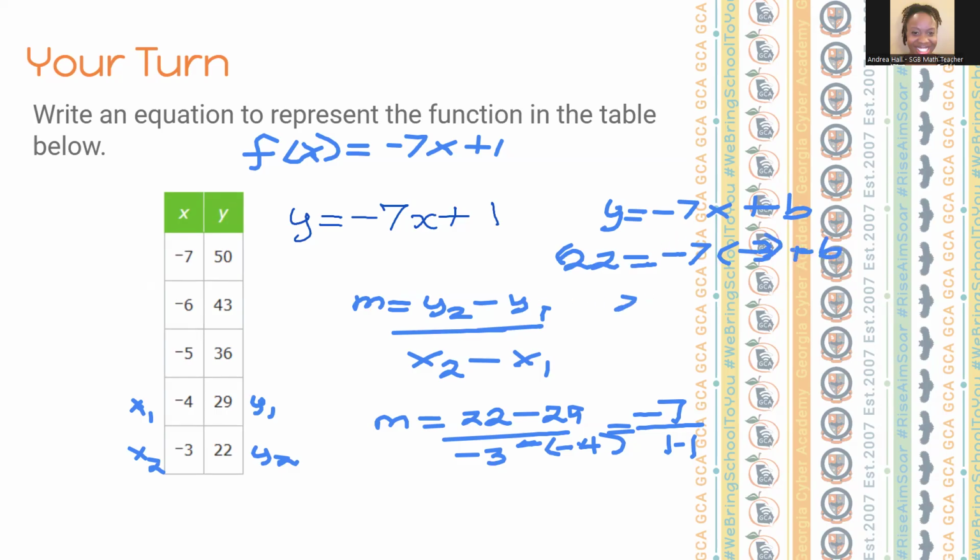So 22 equals positive... wait. My y value is 22 equals -7 times my x value, which is -3. It's going to be a positive 21 plus b.